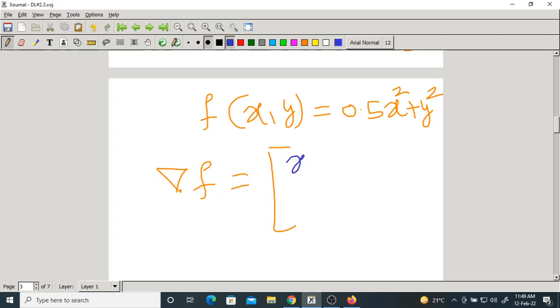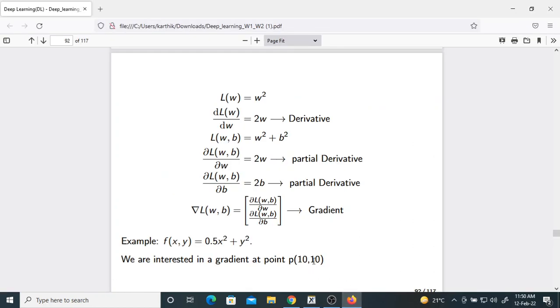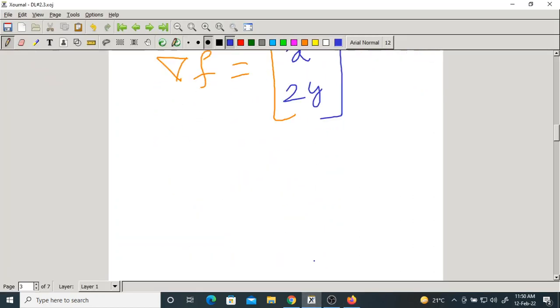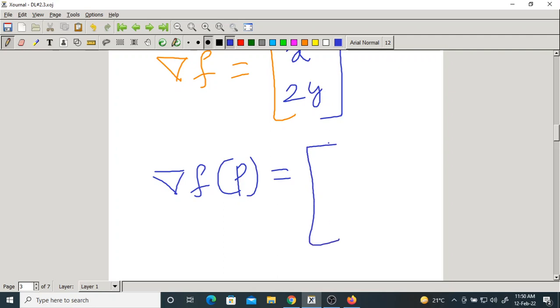That is x, since it is 0.5 into 2 into x. And with respect to y, it is 2y. But if they are asking at a particular point, that is 10 comma 10, then x is 10 and y is 10, so the answer would be 10 comma 20. Okay.